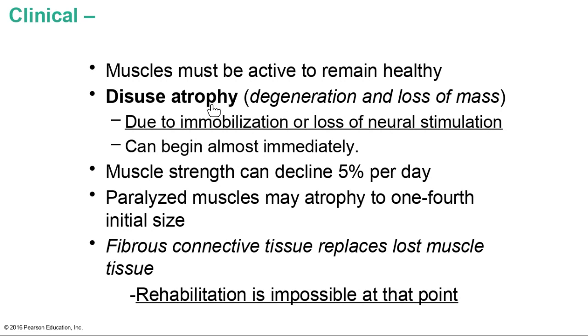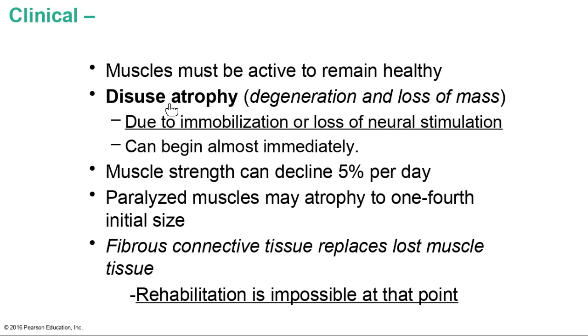If no stimulation is given to a muscle cell, then there's no purpose for that muscle cell any longer, because it functions strictly on stimulation or excitation from a neuron, at least when you're dealing with skeletal muscle. So if you're not using them, you will lose muscle mass.